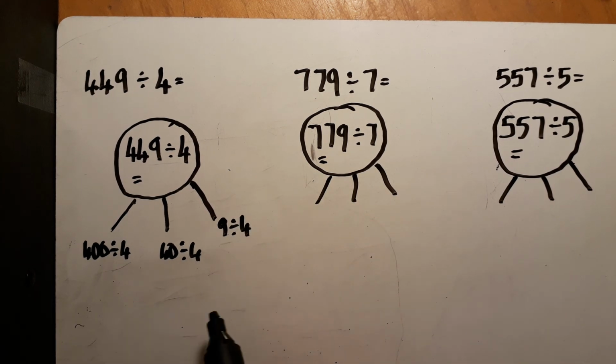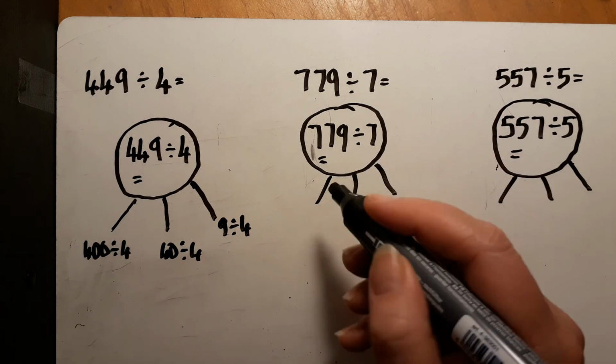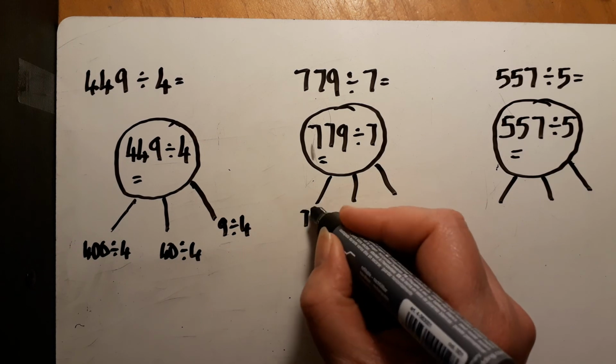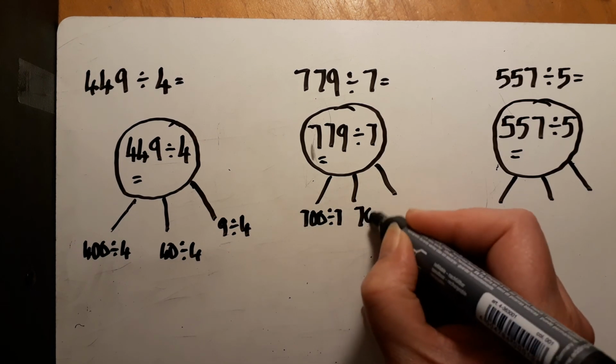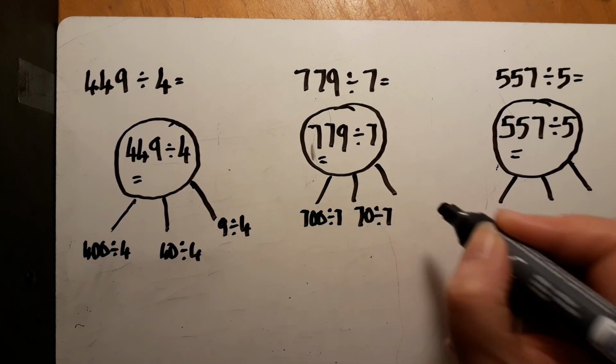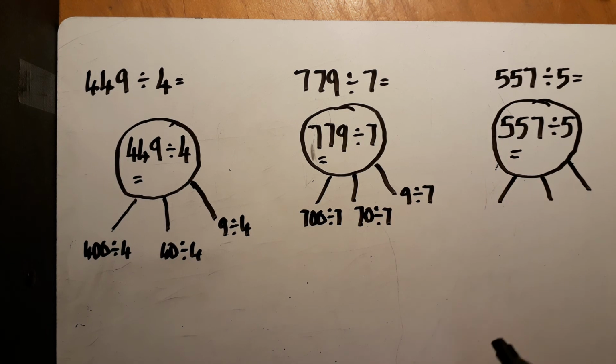You should be able to get the number of groups of 4 from each of those. This one will be 700 divided by 7, and 70 divided by 7, and 9 divided by 7.